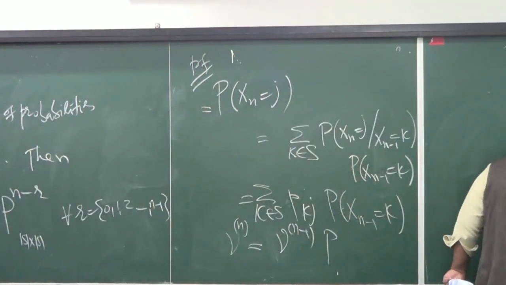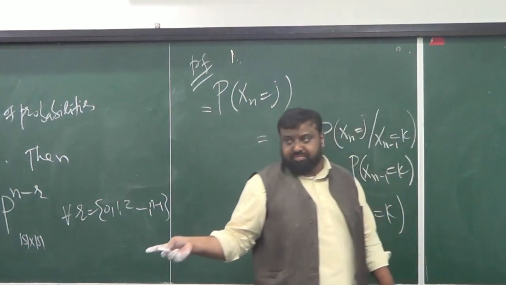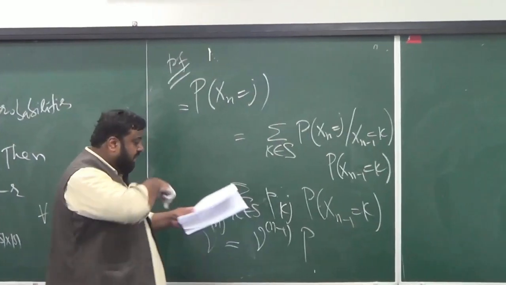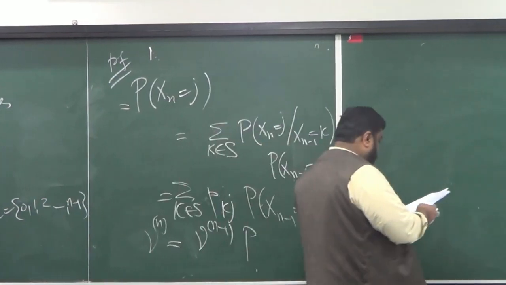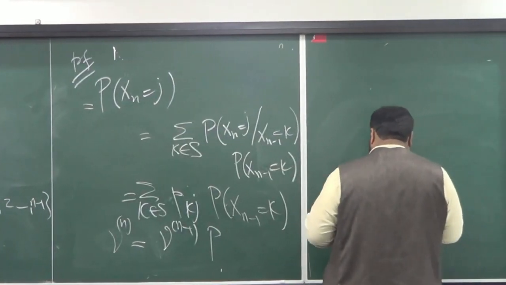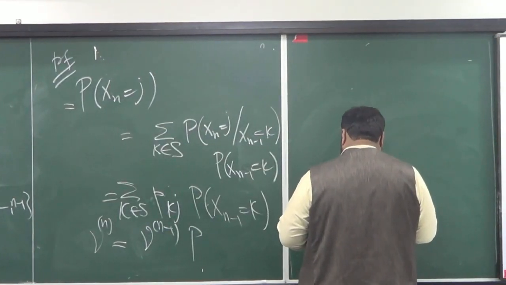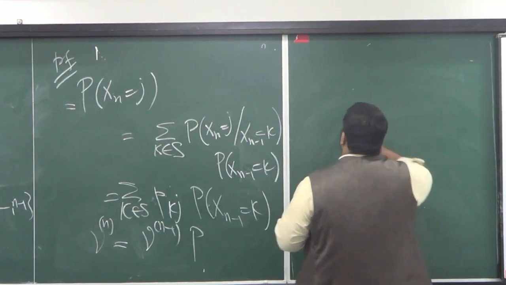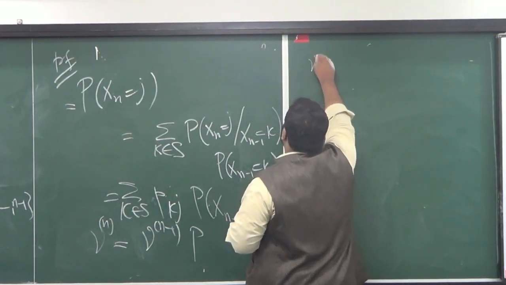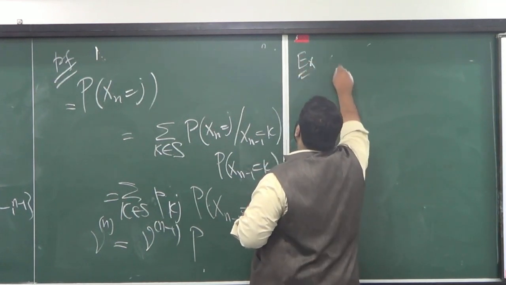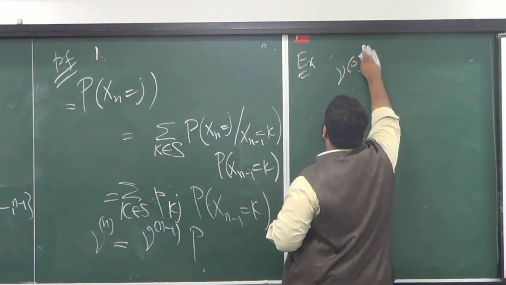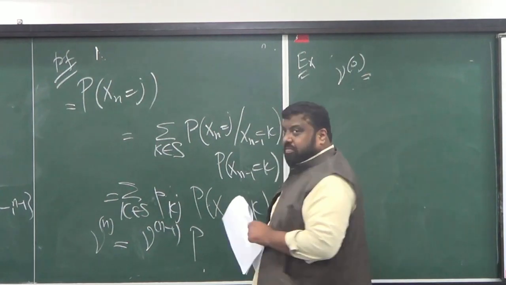Let's keep playing with this very simple weather example. Imagine this: mu naught. What will be the interpretation of mu naught?